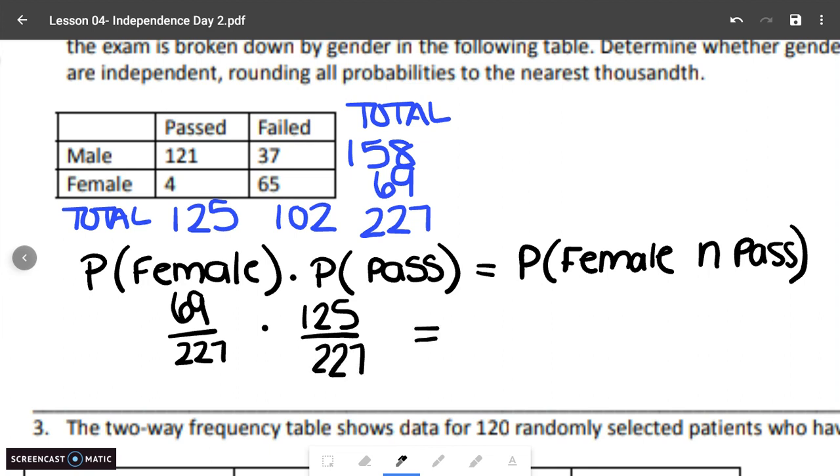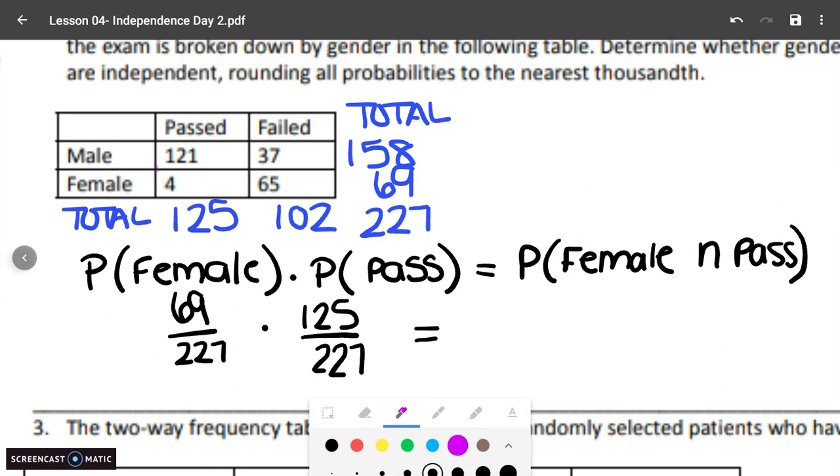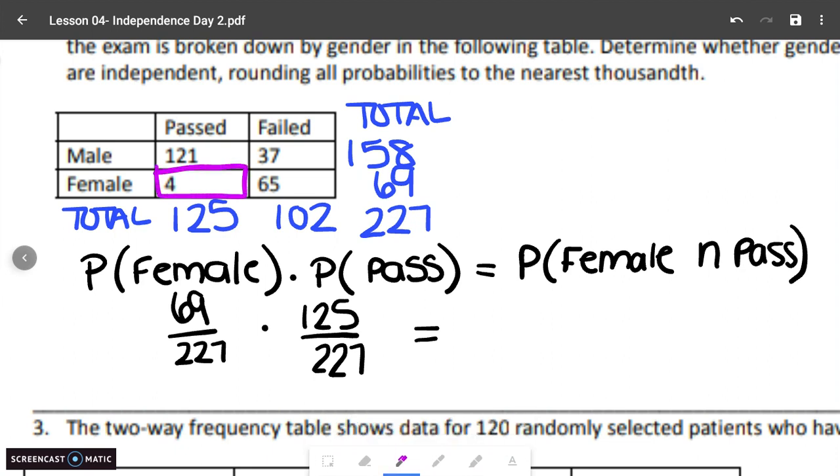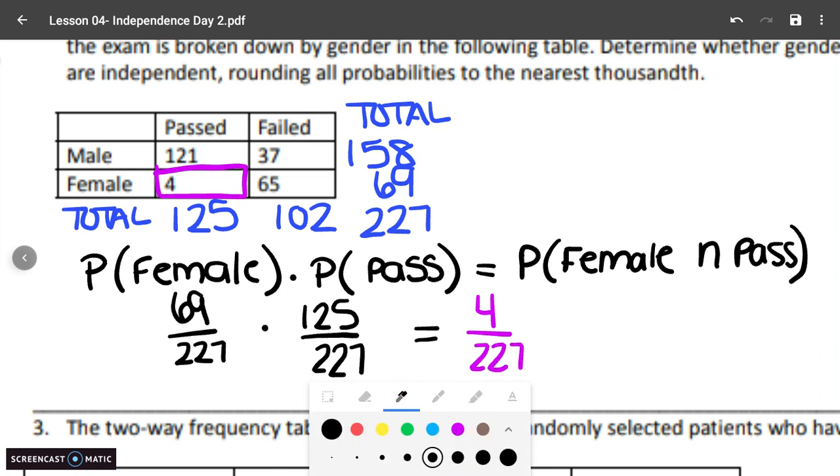Now the "and" comes strictly from this spot where female and passing meet. So we're doing 4 out of the 227. And then we let the calculator do the work for us, right? We take 69 divided by 227, and we multiply that by 125 divided by 227.